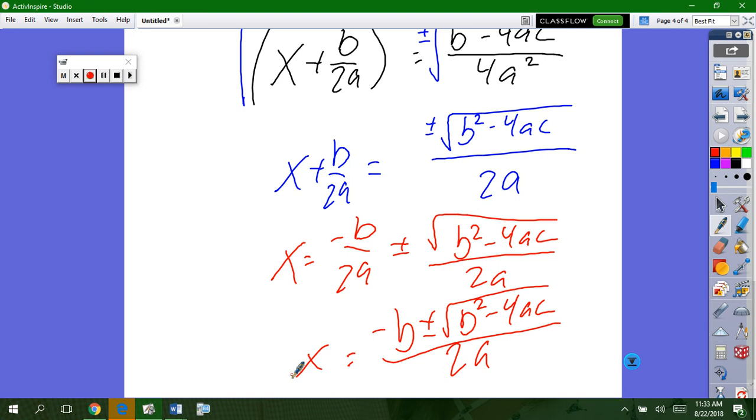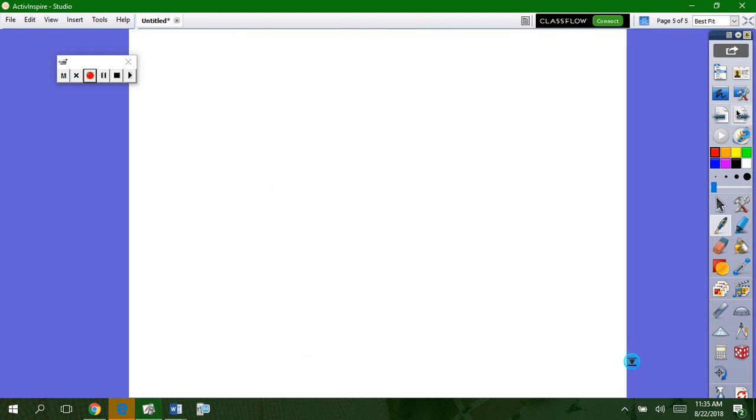Good. All right, so here's the one we're going to solve. That's the one. We're going to do this by completing the square. Now, I'm going to tell you straight up, guys, I never want you to do completing the square unless the coefficient is 1.